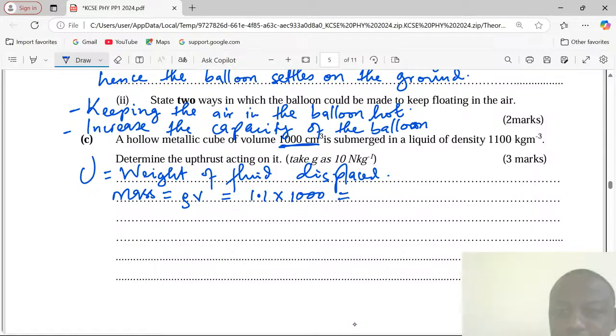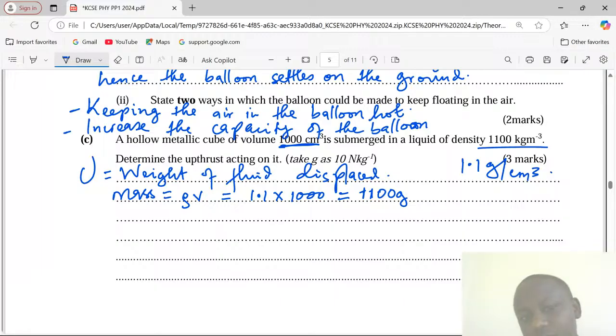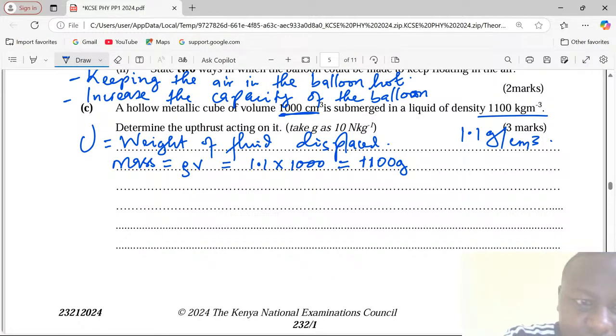I've changed this one to 1.1 grams per cubic centimeter by just dividing it by 1,000. So this is going to be equivalent to 1100 grams. If this is the mass, we can make it weight.